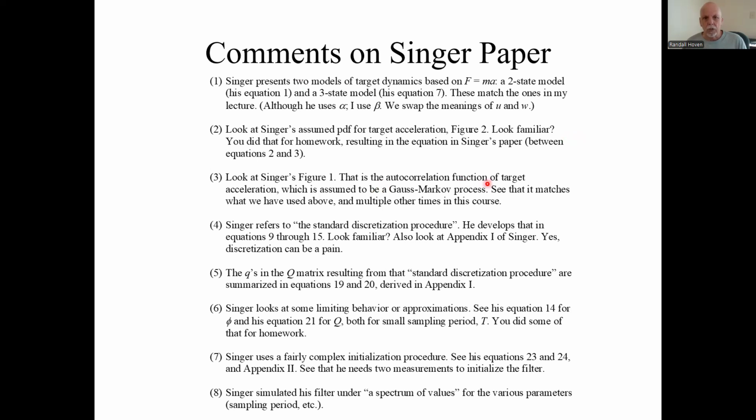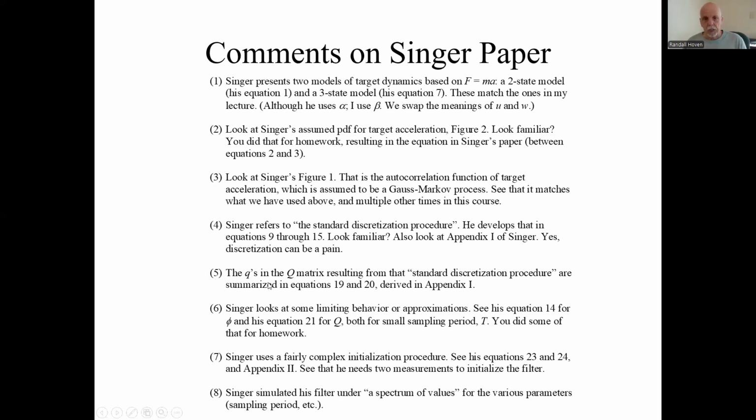He showed the autocorrelation function of that target acceleration for the three-state model. It's that first order Gauss-Markov process. He did the standard discretization procedure, which I taught in the previous module in this course. So you can do that now.